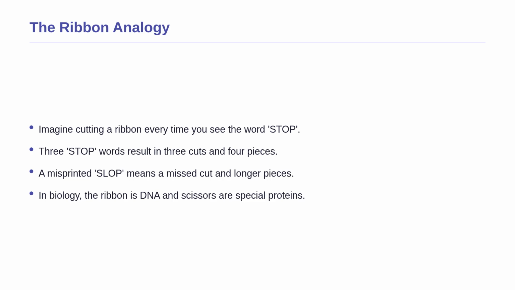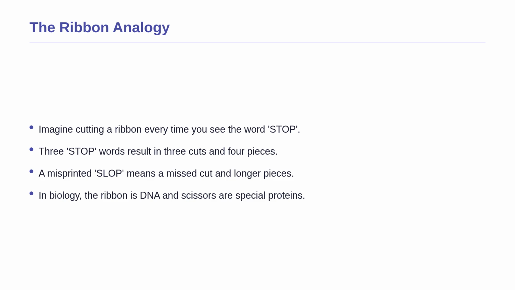To understand how this works, let us start with a simple analogy. Imagine you have a long piece of ribbon, and you are told to cut it with scissors every time you see the word "stop" printed on it. If your ribbon has the word "stop" printed 3 times, you will make 3 cuts and end up with 4 smaller pieces of ribbon.